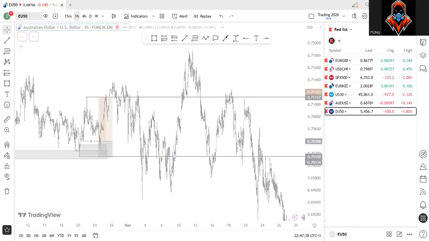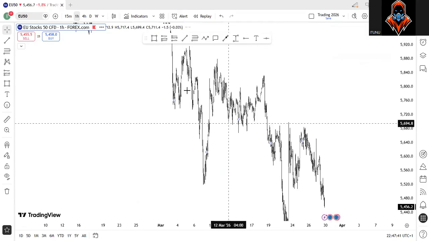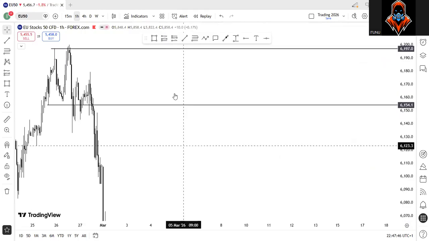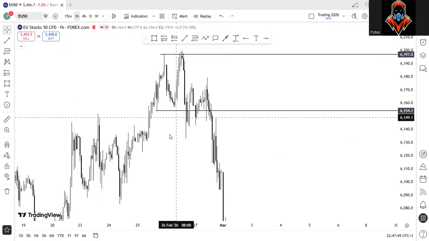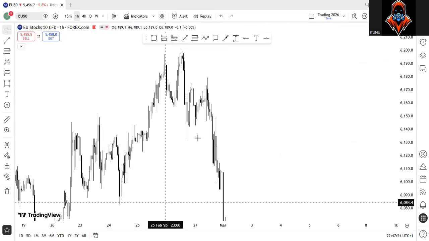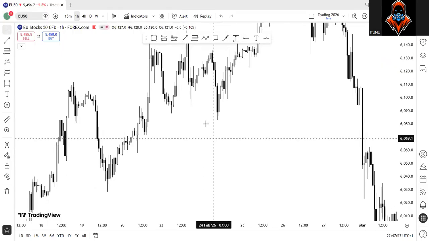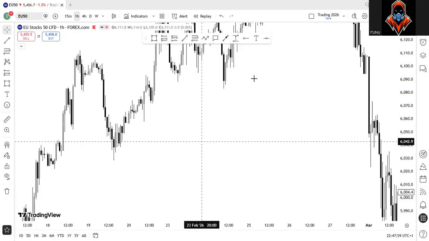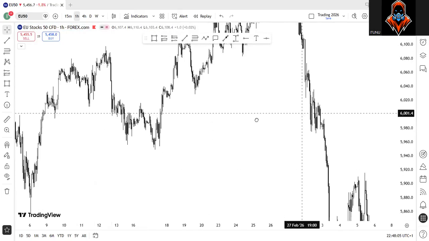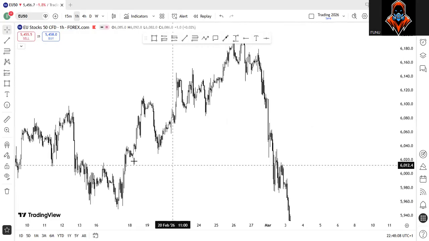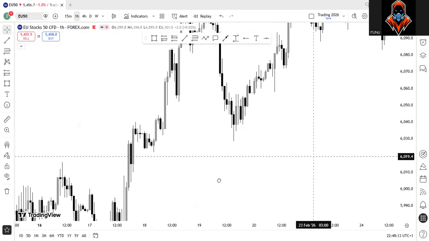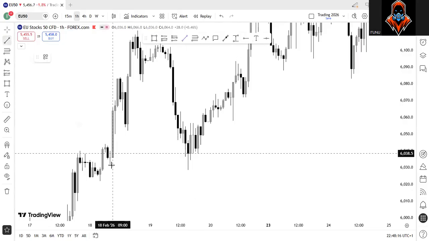Then EU50. It's another indices. What do I see? Setup at just late February. Okay, this is right here. So we see liquidity.